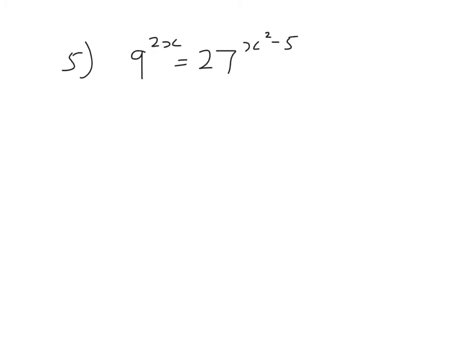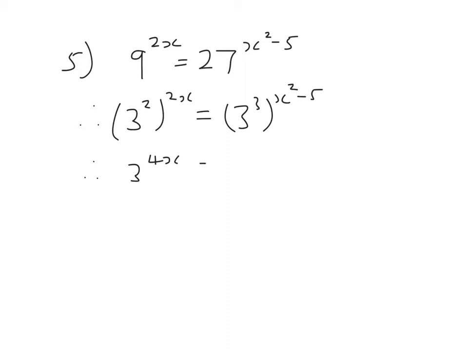Now question 5, we've got to solve this equation. Probably easiest to write everything in terms of 3, because 3 squared is 9 and 3 cubed is 27. So it's 3 squared to the 2x equals 3 cubed to the x squared minus 5. And when you get powers of powers, you can just multiply them together. So 3 to the power 4x is 3 to the power 3x squared minus 15.